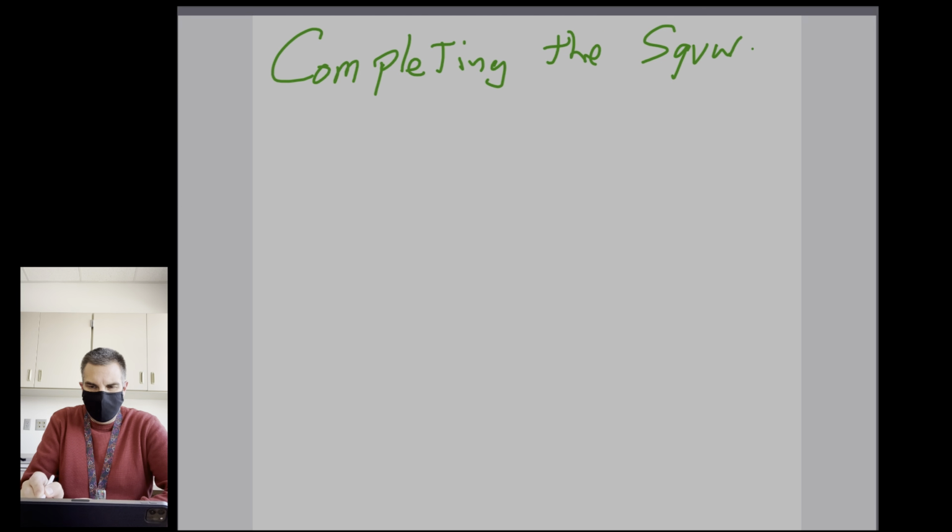The next thing that we have to talk about, or the next objective that we have to talk about, is what we call completing the square. So what happens if we have a problem like x squared plus 12x, and we want to complete the square?